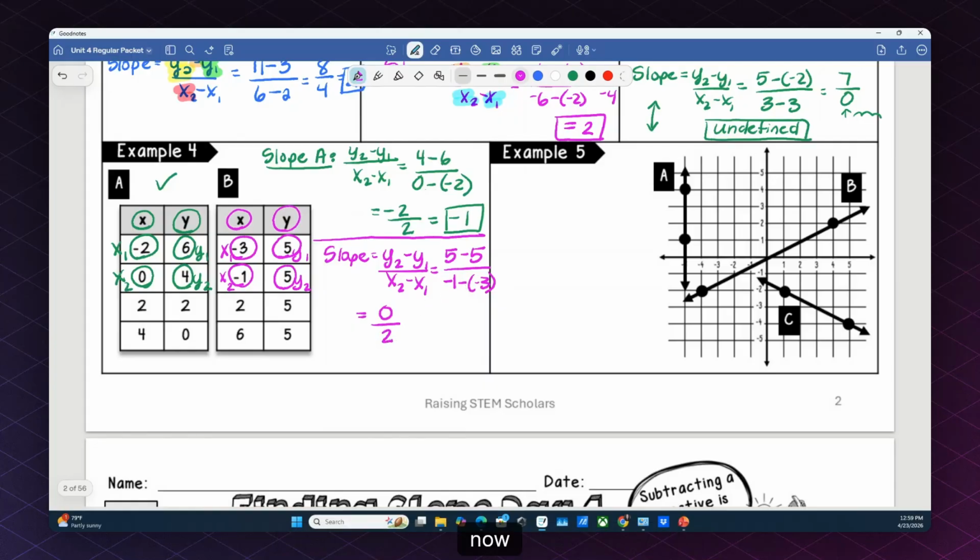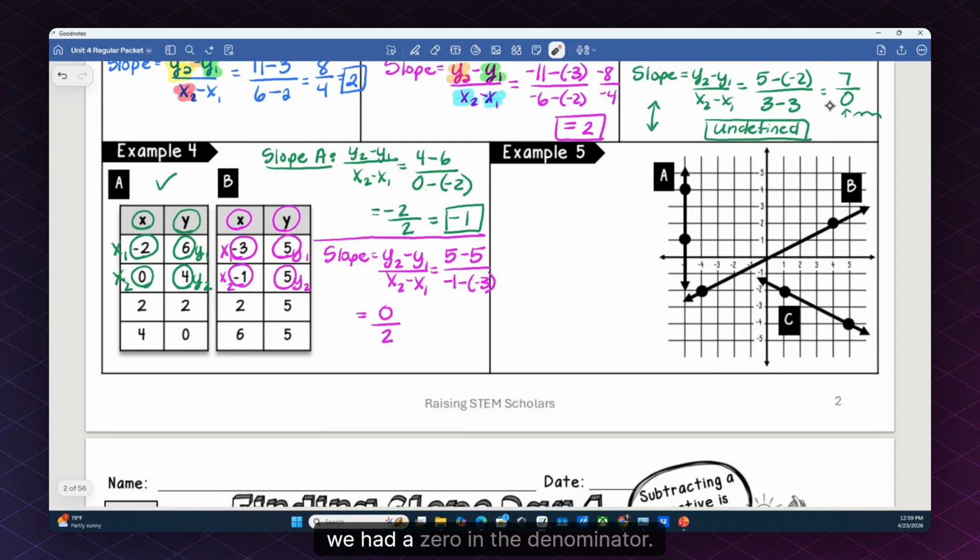Okay, now I want you to notice something just real fast. This one up here, we had a 0 in the denominator. That is an undefined slope because we cannot divide by 0. This 0 is in the numerator. So it is completely different actually, but it's not going to be undefined like this one.